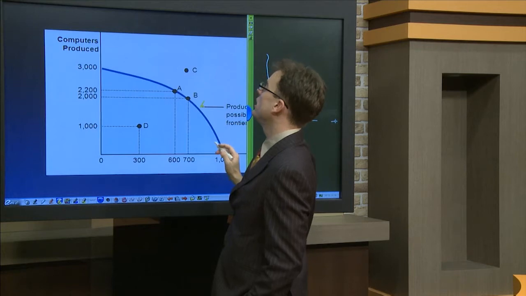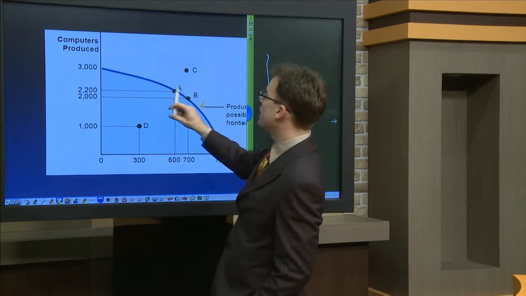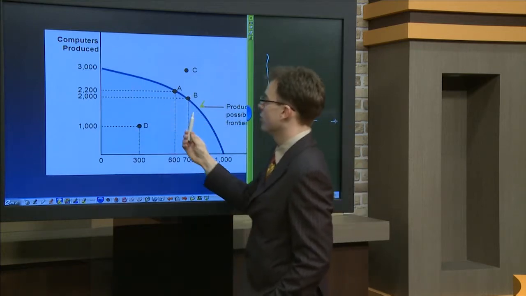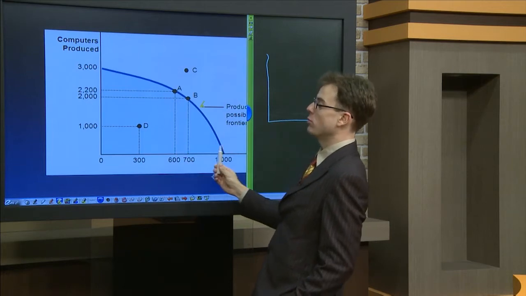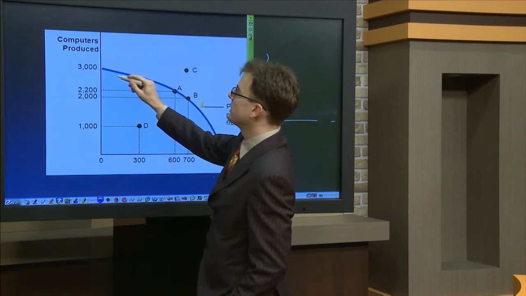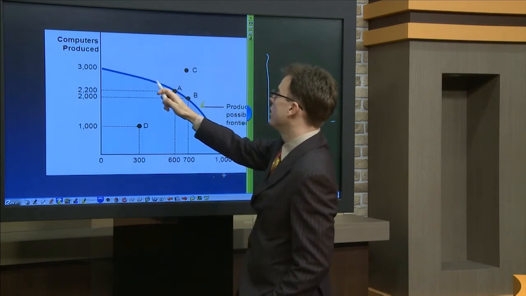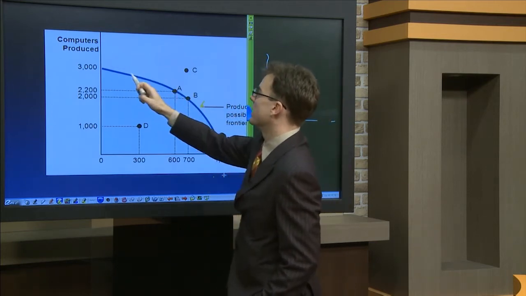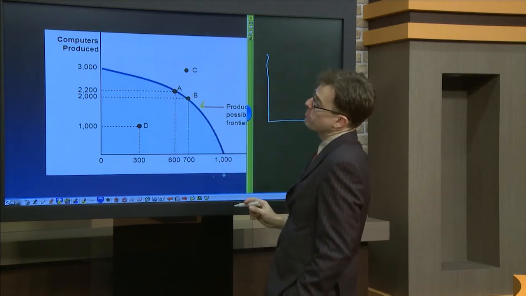This shape implies that there is a diminishing return to using inputs in one particular activity. Notice how the shape of the production possibilities frontier is concave.